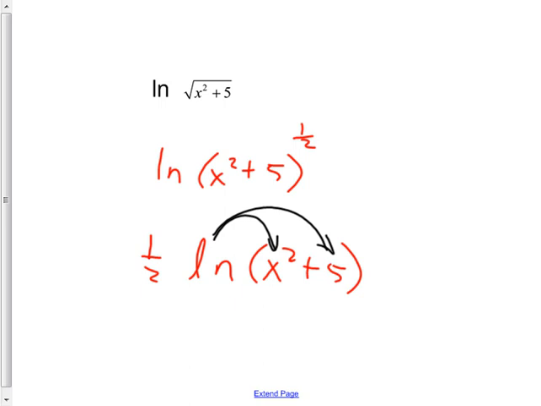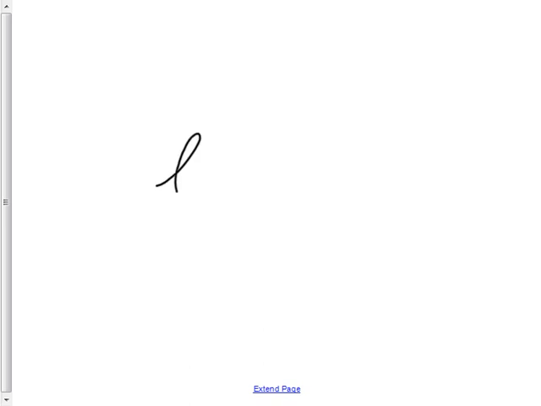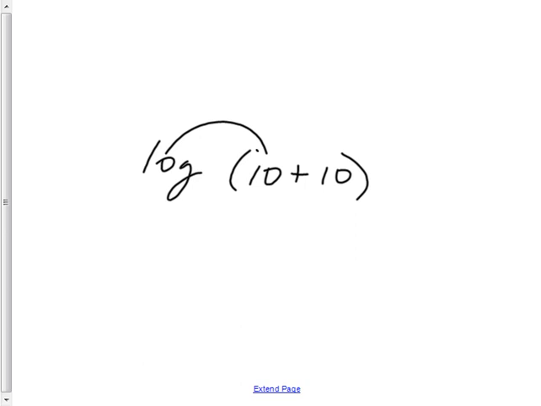Why can't you do that? Let me prove it to you. Would you agree that ln of 1 plus 1 seems like it should be the same thing as ln 2? Okay. Or let's do one that we would be able to do even better. Do you agree that log of 10 plus 10 seems like you should be able to do log 10 and do log 10 again and just add them together?